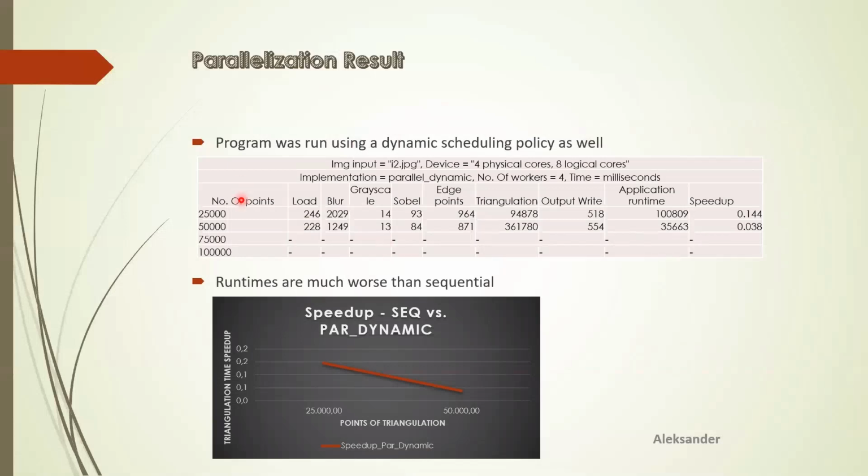Thus, the runtimes become much worse than sequential. We saw that for 25,000 points, it took 95.8 seconds, and for 50,000 points, it took 361.7 seconds. So there's no speed up, and the triangulation time increases almost exponentially as we increase the workload. So we decided not to pursue this any further.